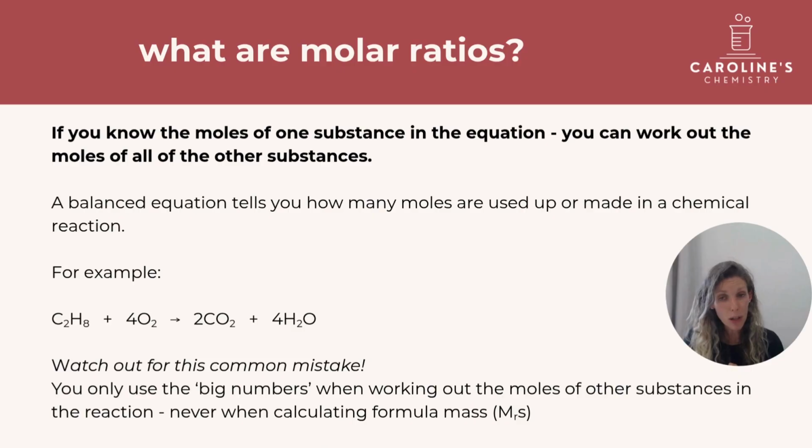Then, if we look at the products, it means that we are making 2 carbon dioxides and 4 waters. But watch out for this common mistake. You only use these big numbers when you're working out the moles of the other substances in the reaction. You don't use them when you are calculating formula masses, otherwise known as MRs.